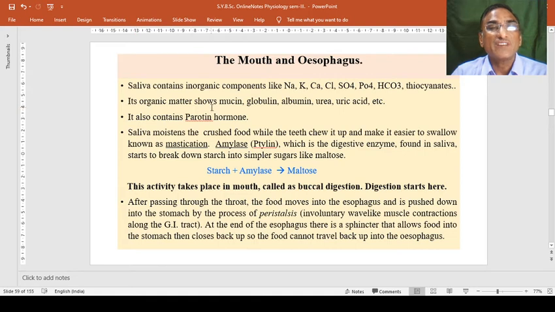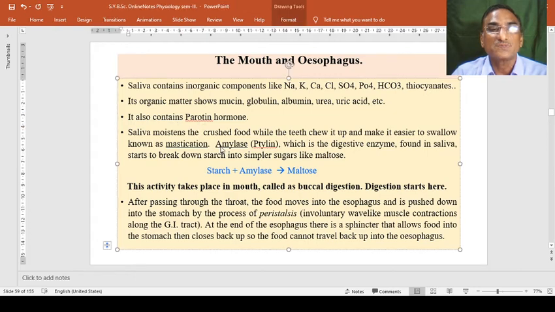Its organic matter also includes mucin, globulin, albumin, urea, uric acid, etc. It also contains some hormones, such as parotene hormone.